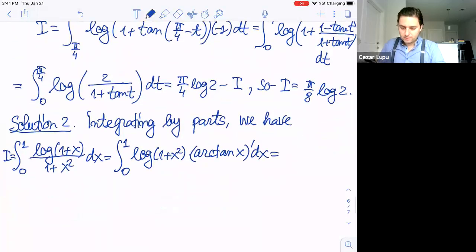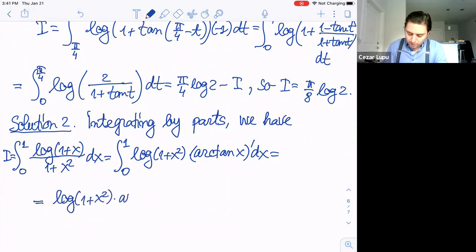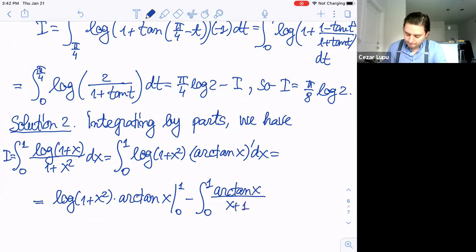This would be equal to log of 1 plus x times arctan of x from 0 to 1, minus the integral from 0 to 1 of arctan of x over x plus 1 dx. Oh, sorry, here it's 1 plus x.